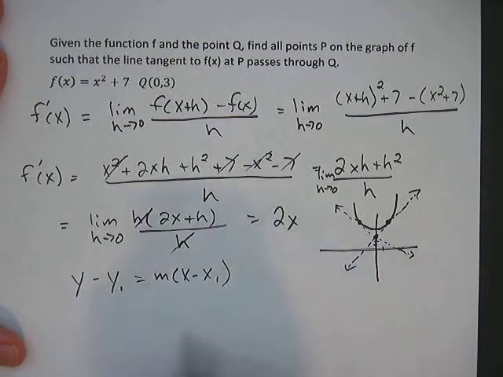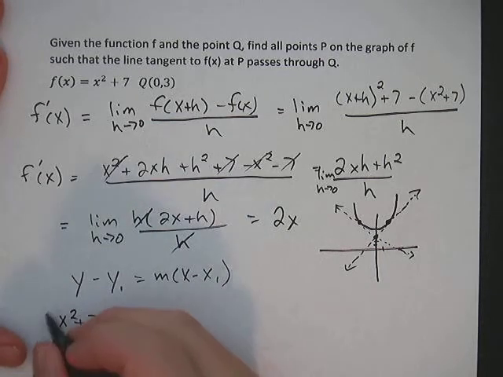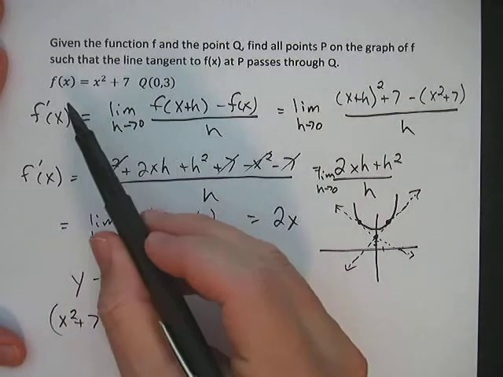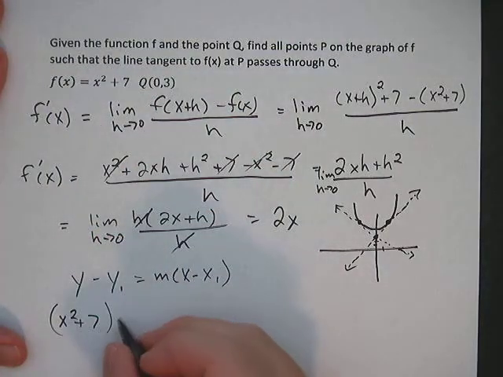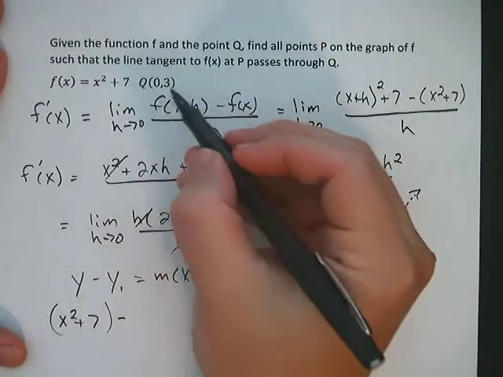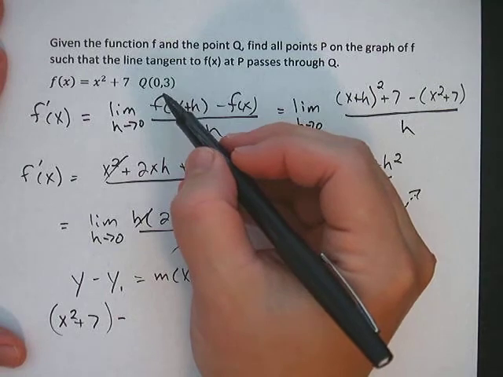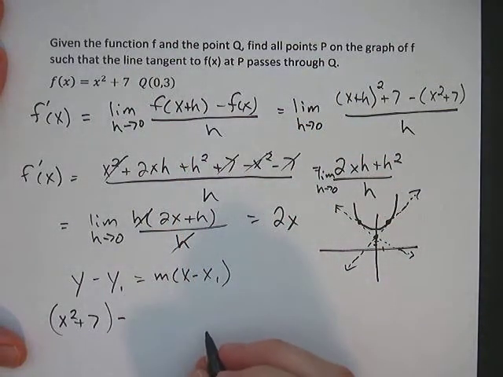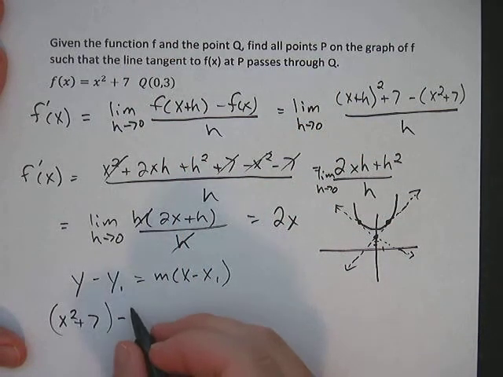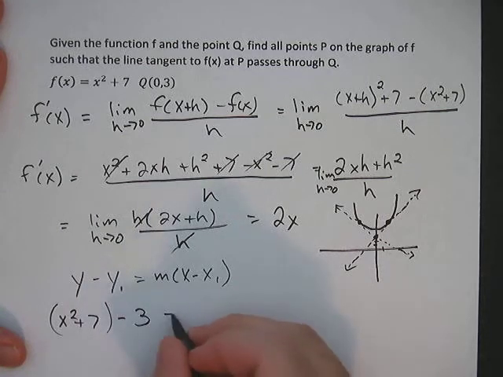So let's plug in the function in place of y. That gives us x squared plus 7 in place of y. Remember, f of x is the same thing as y. Minus, and we'll use the point for our x and y. For the y, we have 3, equals our slope.